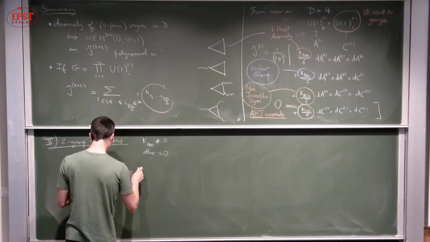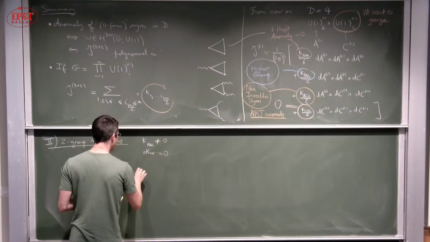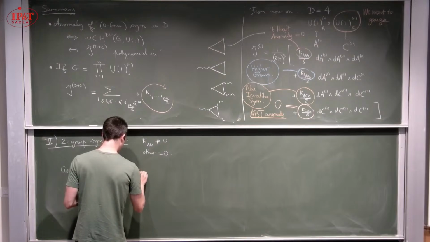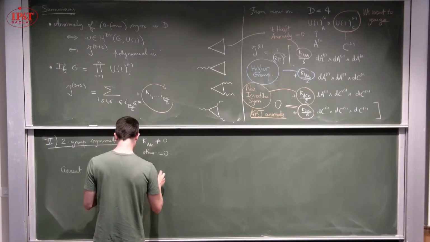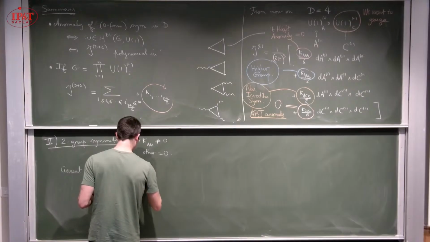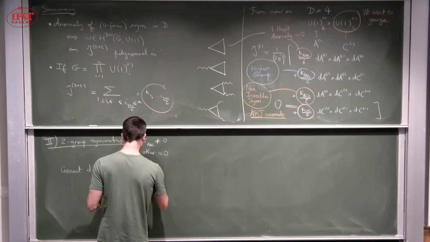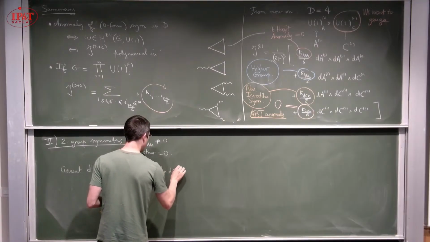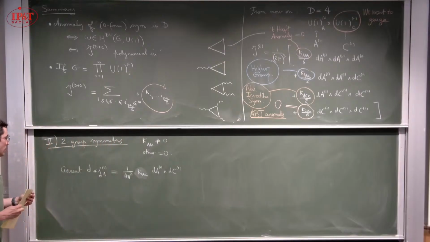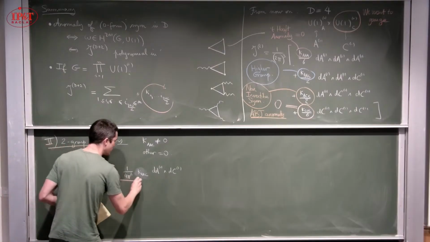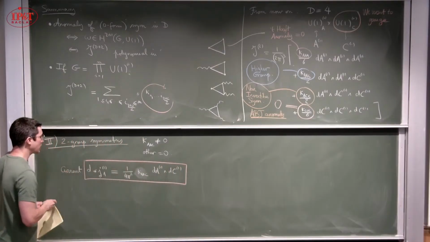Doesn't matter. And then there's this constant K, times F_C, d A. So if you translate back to current as we had at the beginning, this is the equation.